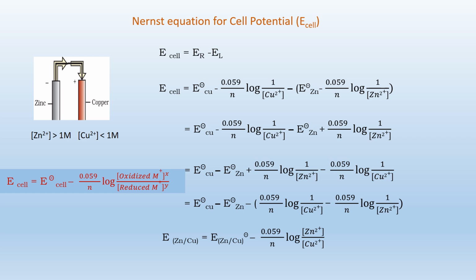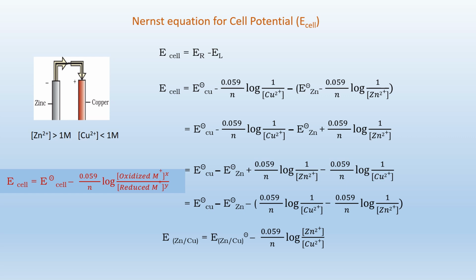As a result, I have substituted the electrode potential for the copper as well as for the zinc and rearranged the equation. We will get the E naught of cell, and I have also written E naught of copper. We should always write the standard electrode potential between the metal ion versus metal, not only for the electrode.